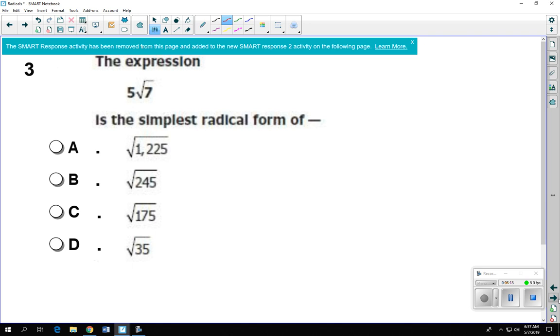Now, there are two ways you can do this. You can go ahead and simplify every single one of these, but we know, based off the work we've done, we're looking at the square root of two numbers that multiply together to give me this. So what if I took the square of 5? If I take 5 squared, I get 25.